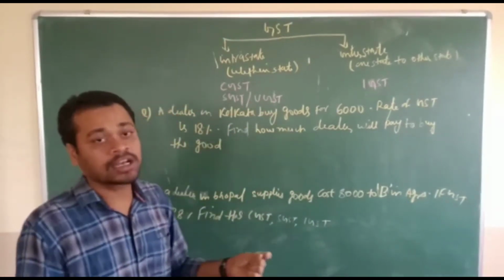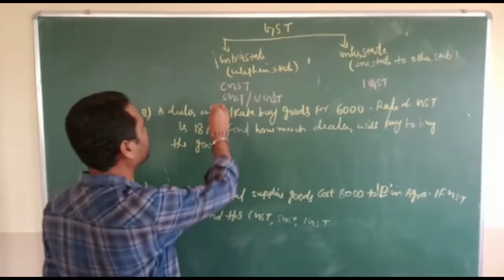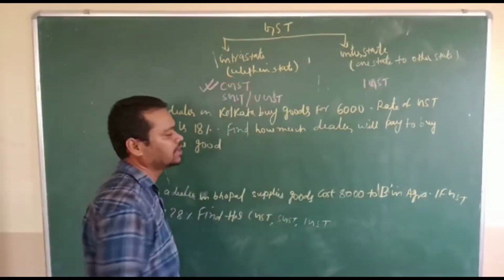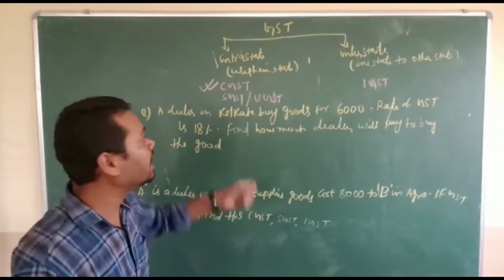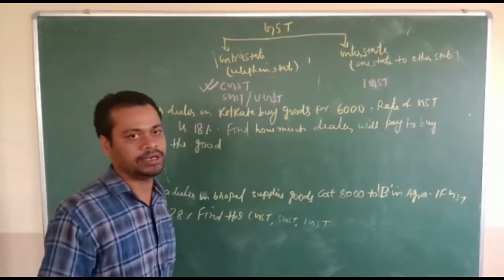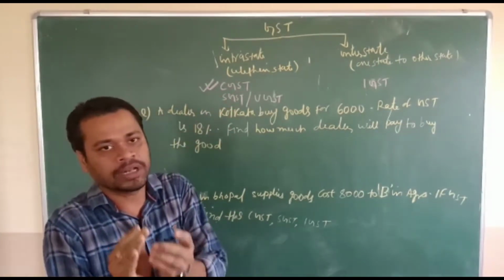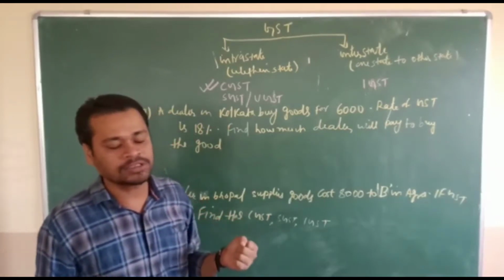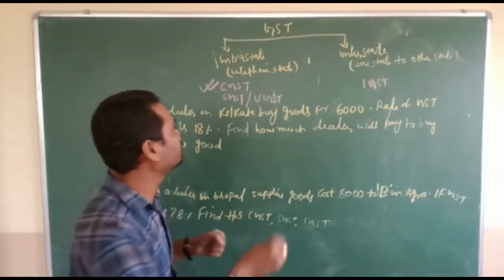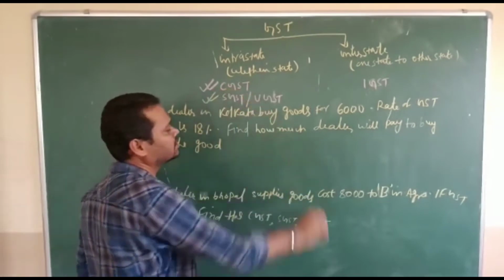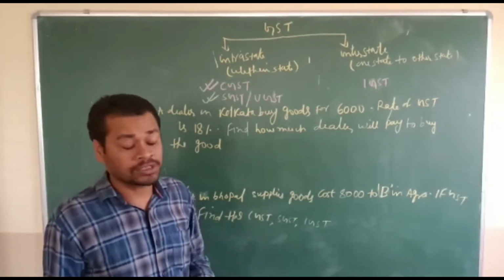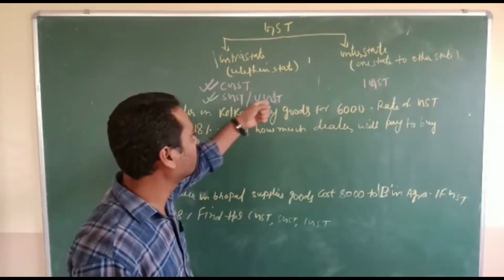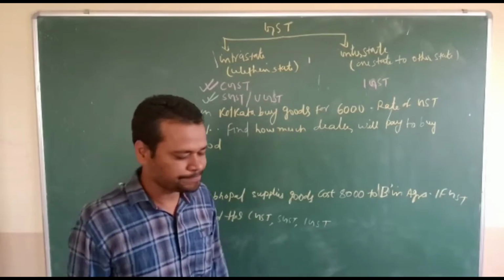The tax collected by the central government is called CGST. Half portion of tax will go to the state government, so the tax collected by the state government is SGST. If it comes under a union territory, then we call that UGST.